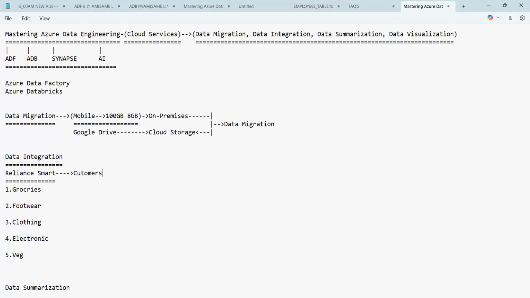That means whenever a customer walks in, he should be able to get all the products under one head. Hence we say Reliance Smart.